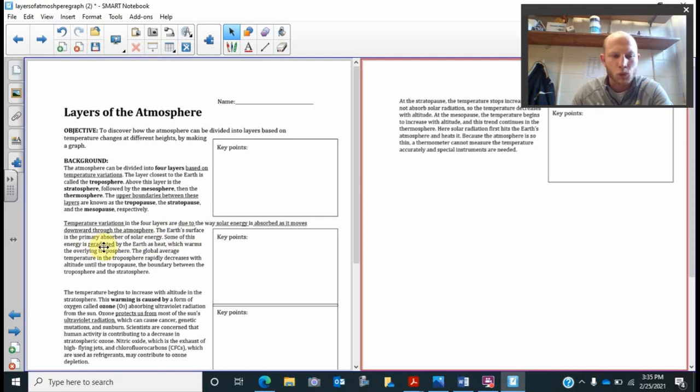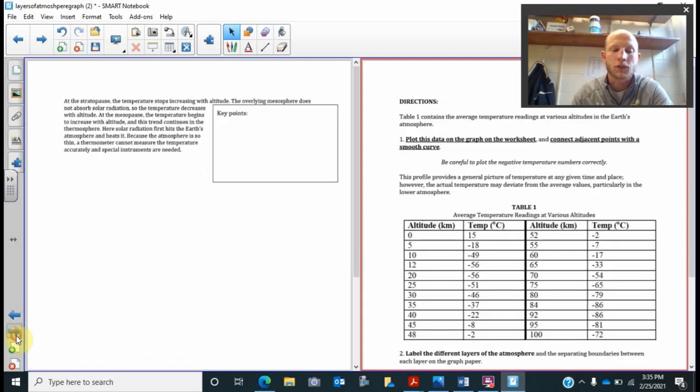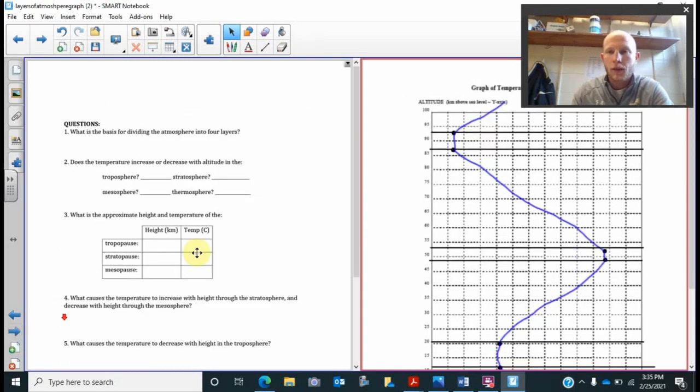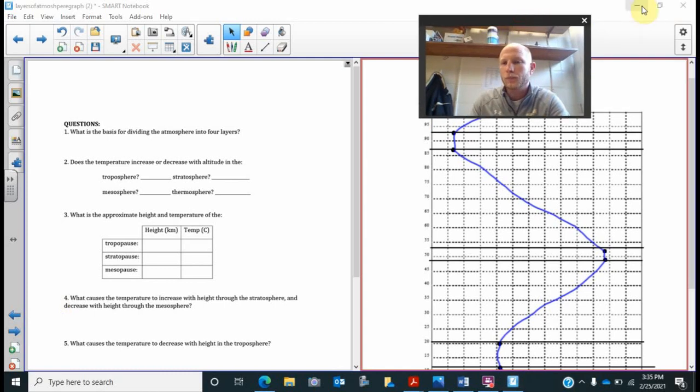Some of this energy is re-radiated by the Earth as heat, which warms the overlying troposphere. While we're close to the surface, we feel it, but as we get further away, that energy dissipates. We don't feel it as much, so it cools down as we get further from the energy being given off by the surface of the Earth. Okay, and so that's our quick review on our homework.